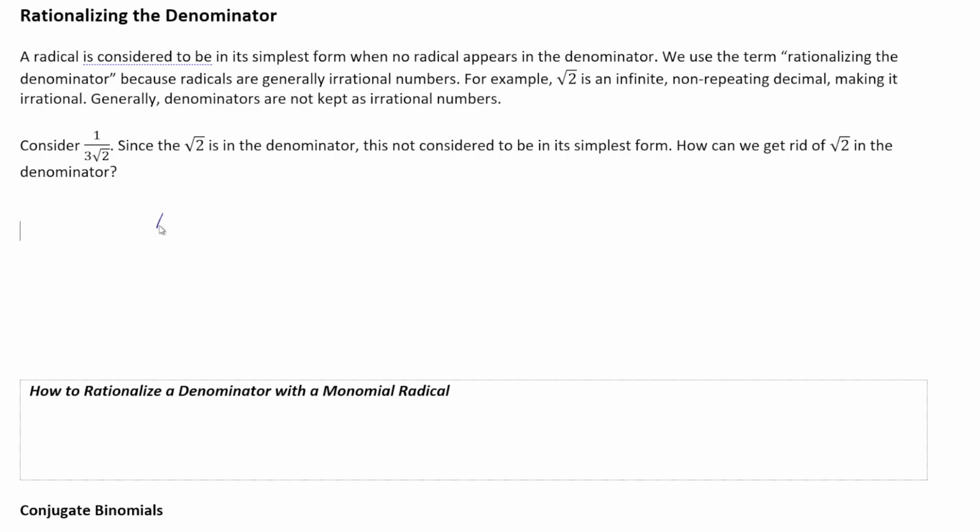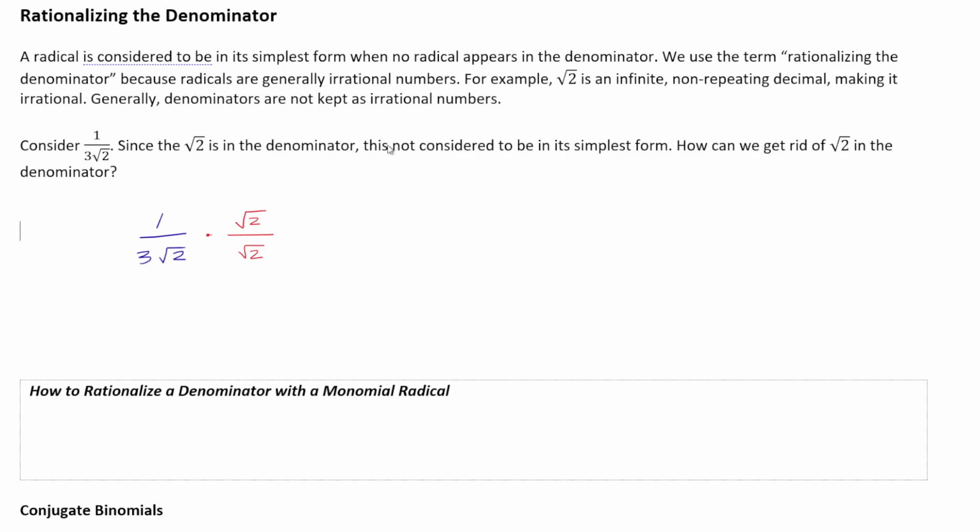If we have 1 over 3 root 2, you will recall that we can multiply a fraction by something so long as it does not change the value of that fraction. If I multiply this by root 2 over root 2, this is acceptable because root 2 over root 2 is just 1.